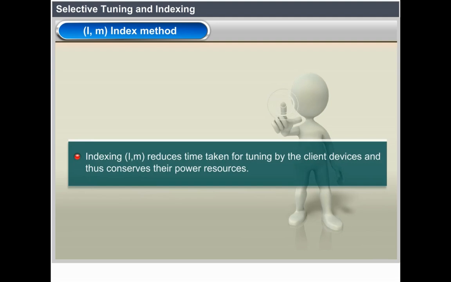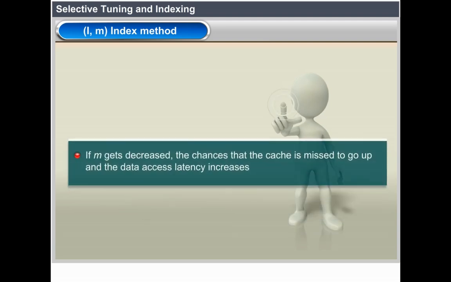Indexing IM reduces the time taken for tuning by the client devices and thus conserves their power resources. When index I is repeated m times, the access latency increases significantly even though the cache miss probability reduces drastically.